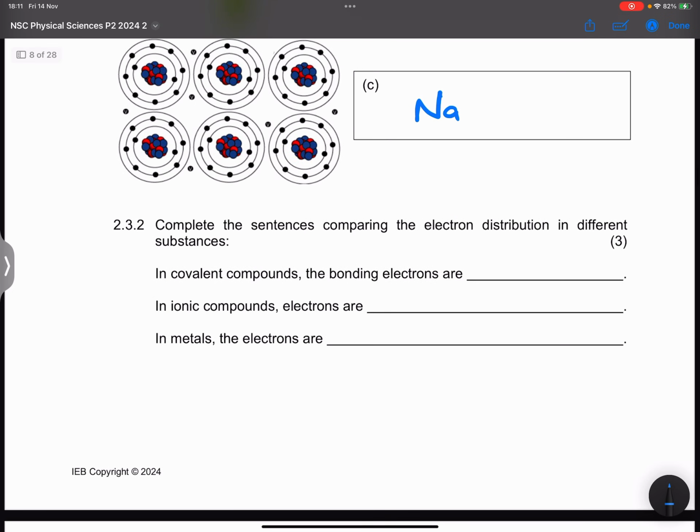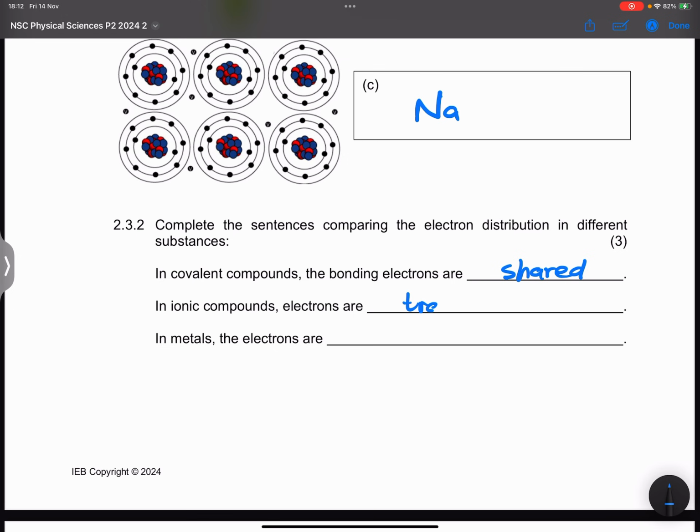All right, now they say complete the sentence comparing the electron distribution in different substances. They say in covalent compounds, the bonding electrons are, now note, for covalent bonds, it's an equal sharing of electrons. So the electrons are shared. And when we talk about an ionic bond, we know that we are talking about a transfer of electrons.